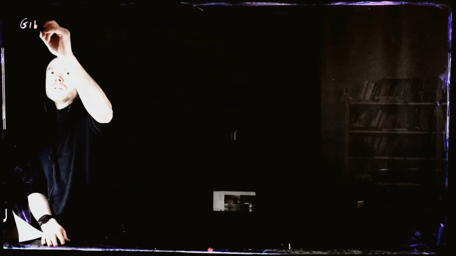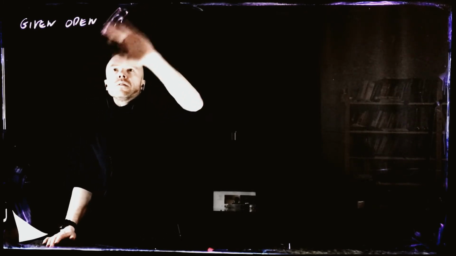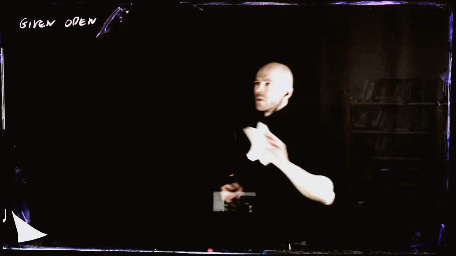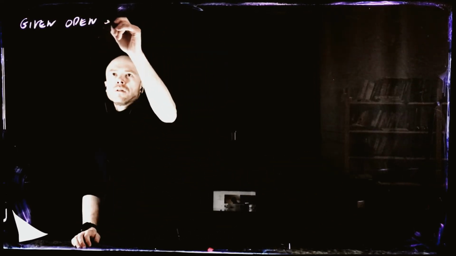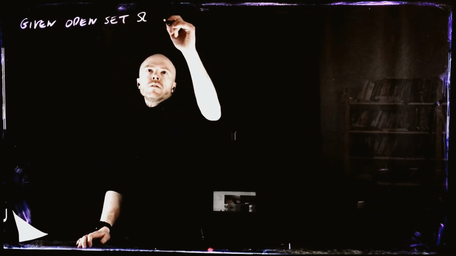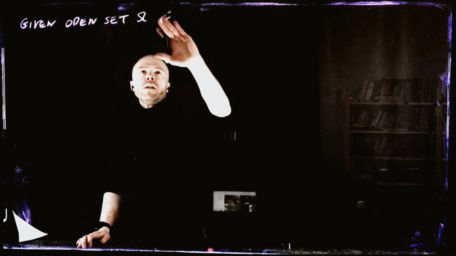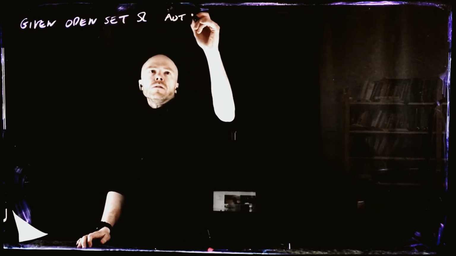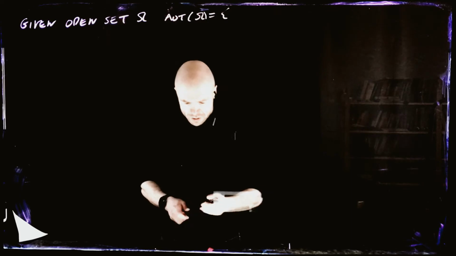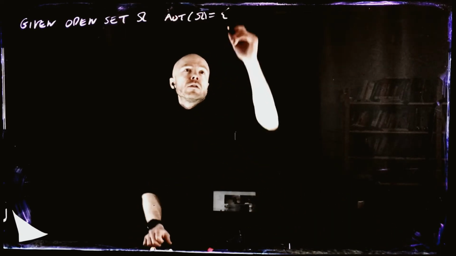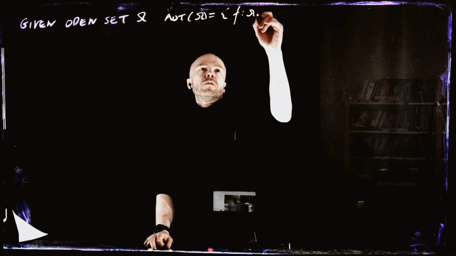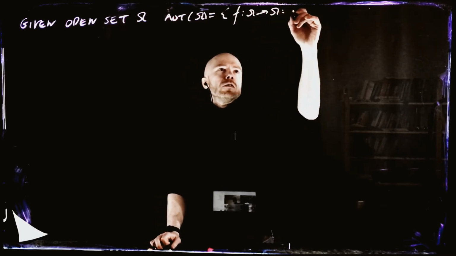So, given an open set omega, we're going to write Aut of omega as the set of holomorphic mappings that map omega to itself. So f from omega to omega, bijective holomorphic.